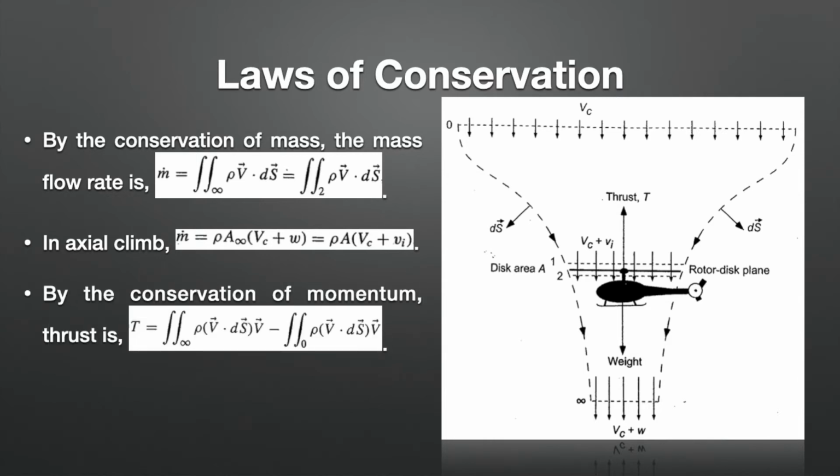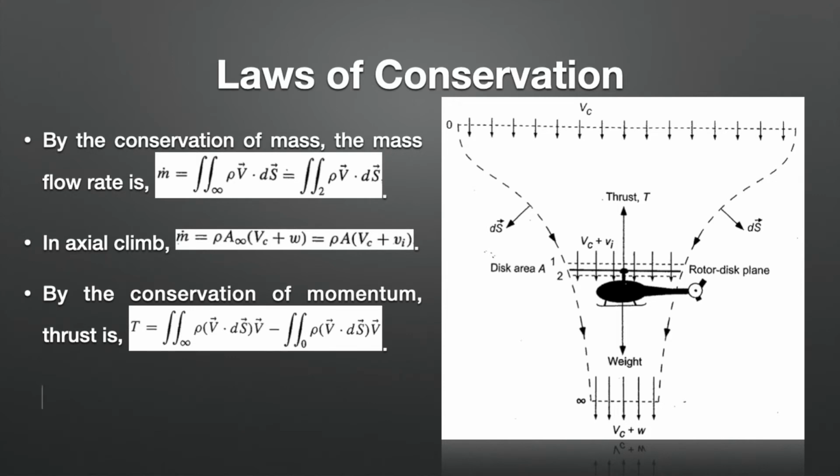Now we have to apply the principle of conservation of momentum, which gives you the formula for thrust. T is equal to double integration at the far wake region of rho v ds into v, minus double integration at the upstream of rho v ds into v. In a steady climb, the velocity far upstream of the rotor is finite, so both terms on the right hand side of the above equation will be non-zero.